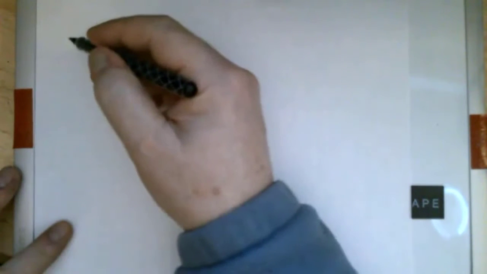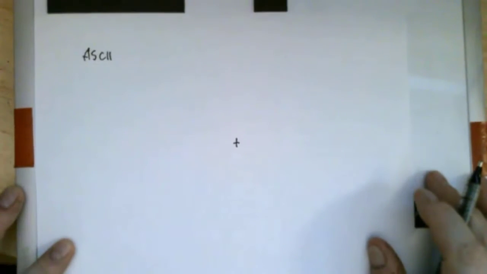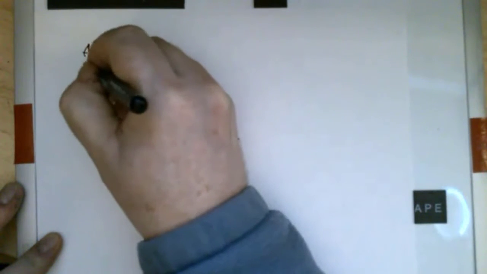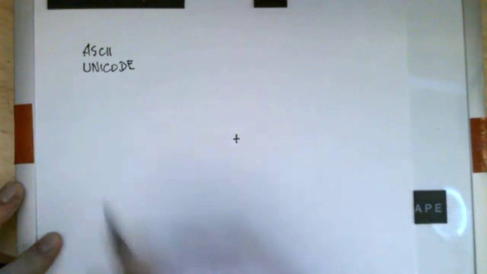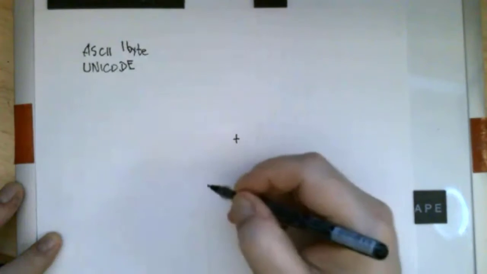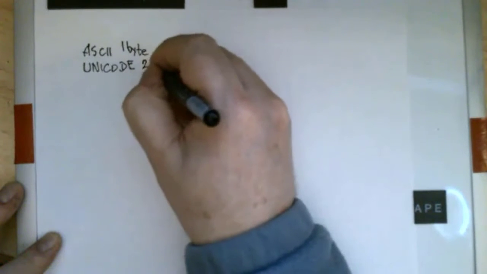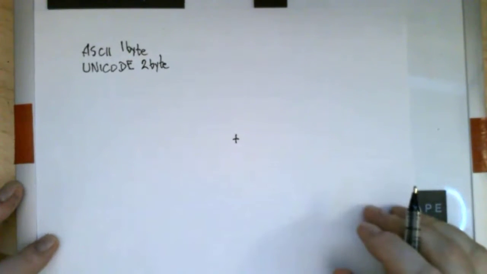As I told you, that is ASCII, American Standard Code for Information Interchange, and Unicode. Unicode is an international encoding system. While the first uses 1 byte per character, Unicode uses 2 bytes per character.